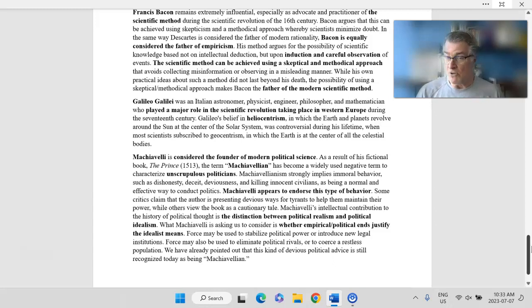Now, that idea was very controversial at its time because scientists were, well, kind of having to conform to this idea of geocentrism, in which the Earth is stationary and everything revolves around it. And this was the church's position, and that's what I mean when I say scientists didn't really have a choice.